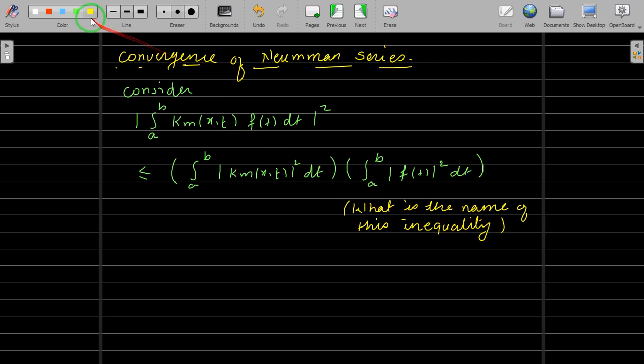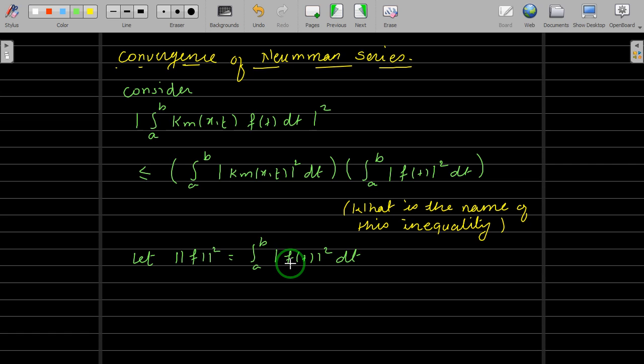Now what we do is we take, let the norm of f the whole square equal the integral from a to b of mod of f(t) the whole square dt. For that you should know what is the norm and what is the inner product on that L2 space. We have stated that f belongs to L2, even that k belongs to L2.